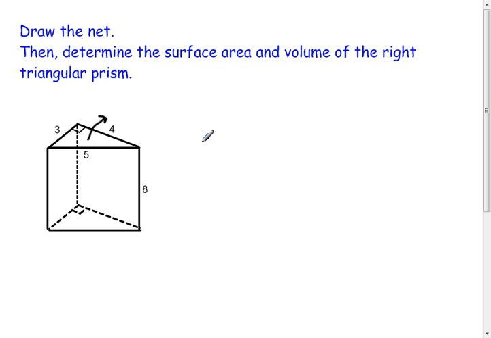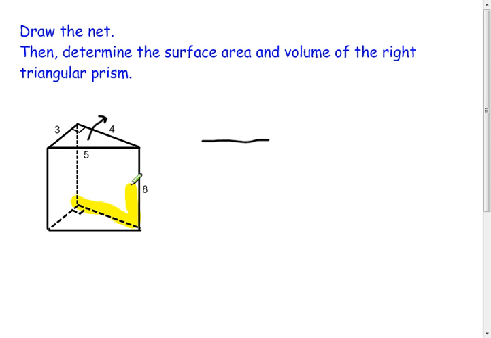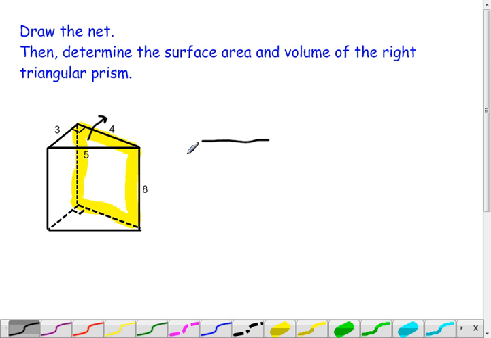So I'm going to start with my 4, and then we'll draw. I'll show you what I'm trying to draw here. I'll highlight it in yellow. I'm trying to draw this rectangle right back here. Okay, so it's 4 across and then 8 tall.